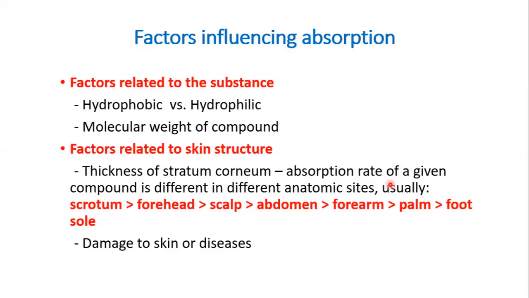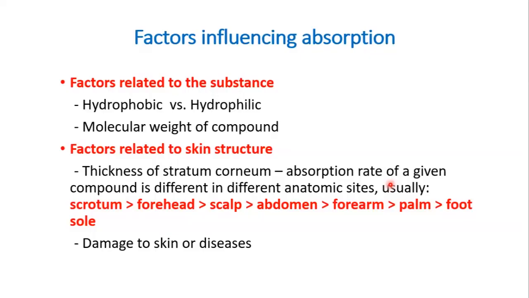Factors related to the skin structure. The fact is that the stratum corneum is not of uniform thickness throughout the body. There are areas where the skin is much thicker than other areas. And so where the skin is very thin, that will facilitate absorption much more readily than where the skin is thick.